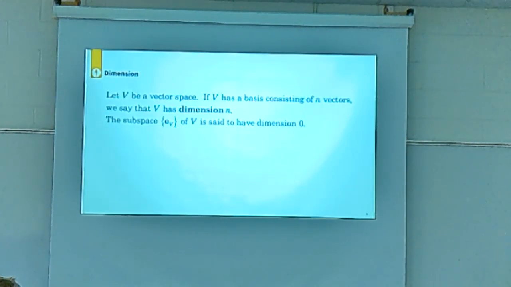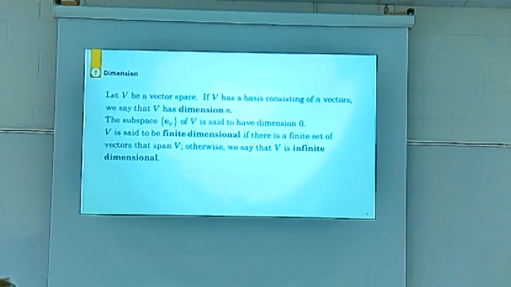Sadly, there's no rule that says the basis for a vector space has to have a finite number of vectors. If it does happen to have a finite number of vectors, we just say it's finite dimensional.